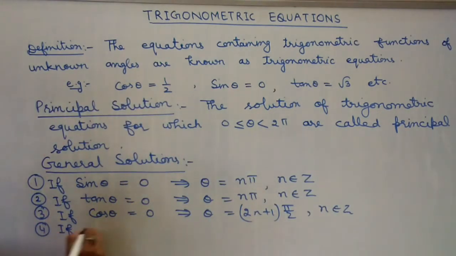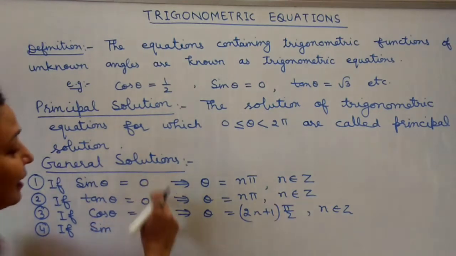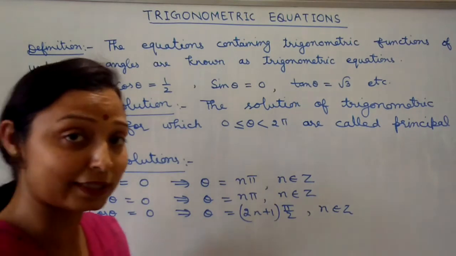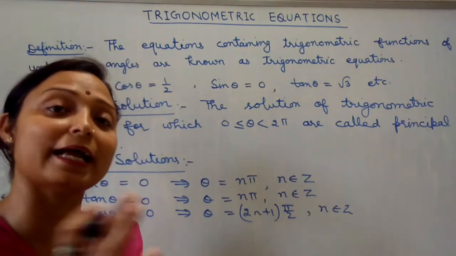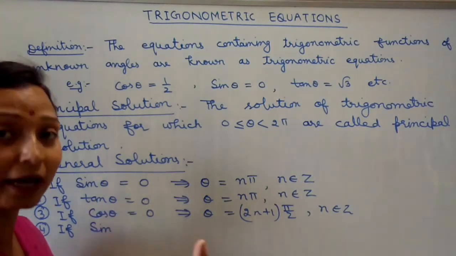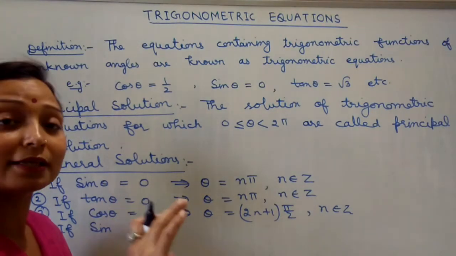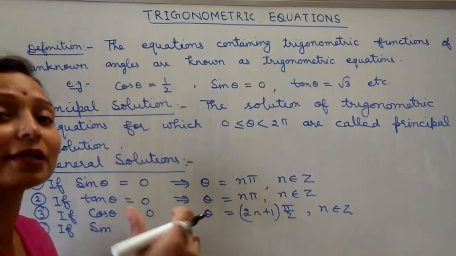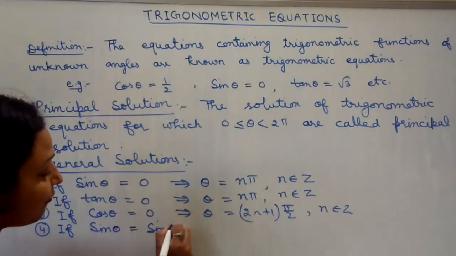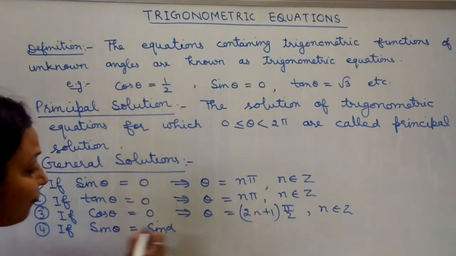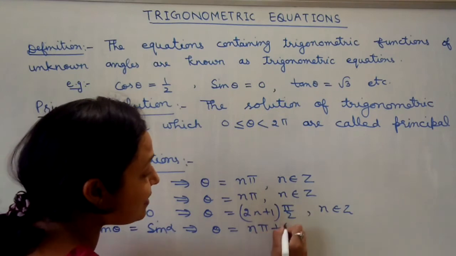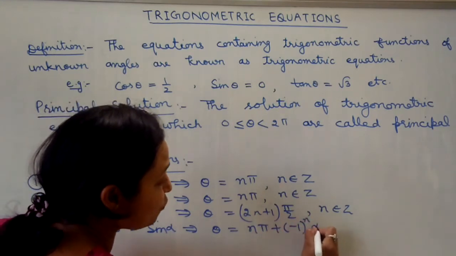These are the 3 formulas in which the right hand side has 0 only. Now I will write the other 3 formulas, when on the right hand side there is an alpha angle. That means other than 0 we have other angles. Sin theta equals sin alpha. When sin theta equals sin alpha, then theta equals n pi plus (minus 1) raised to power n into alpha.